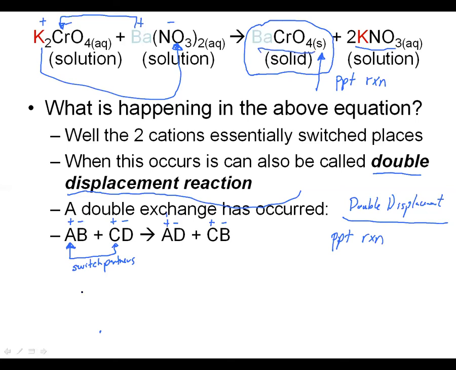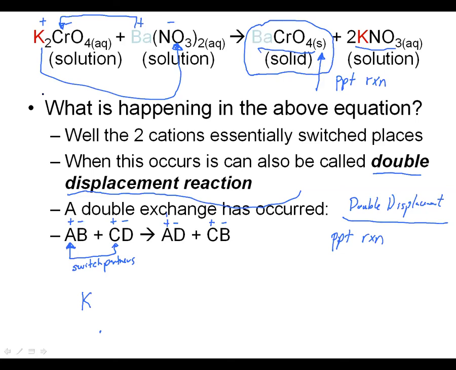Again, looking at that top guy, the basic things that make up potassium chromate are potassium with a +1 charge, because it's group 1 on the periodic table, and chromate, which is a -2 charge and is a polyatomic ion. Barium nitrate has barium with a +2 charge from group 2 on the periodic table, and nitrate, which is a polyatomic ion, -1.